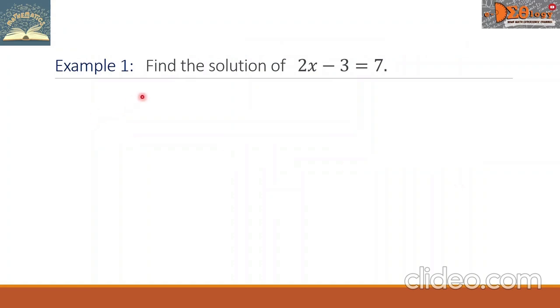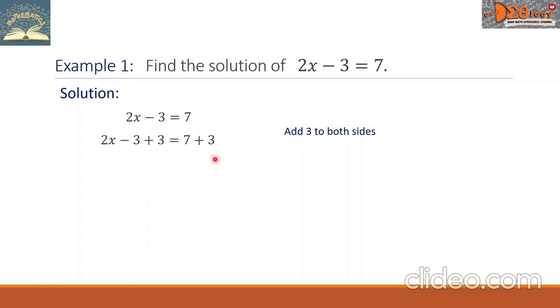Example 1. Find the solution of 2x minus 3 equals 7. Let us isolate the variable 2x. First, this -3 must be deleted. What we will do is, since this is -3, we will add +3 to both sides of the equation.